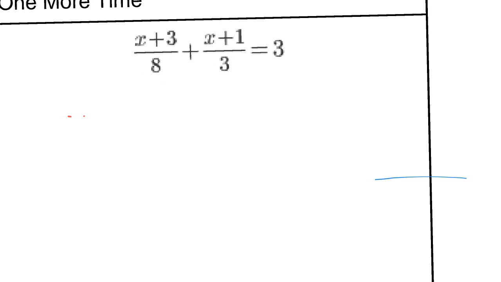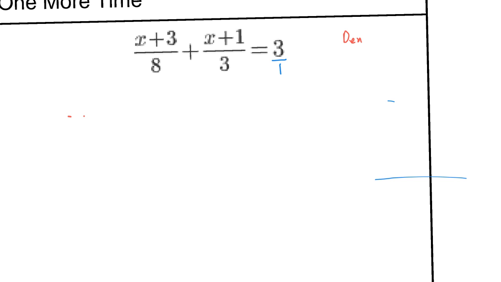All right, so I'm going to show you what all the denominators are in this thing. So that 3 really is just 3 over 1, right? Now, if we wanted to figure out how many denominators we had, I calculate my denominator.